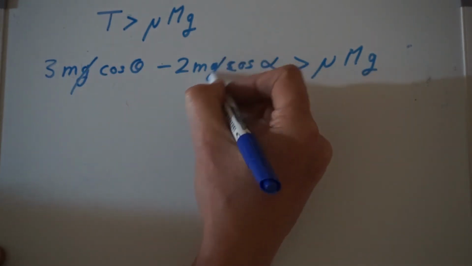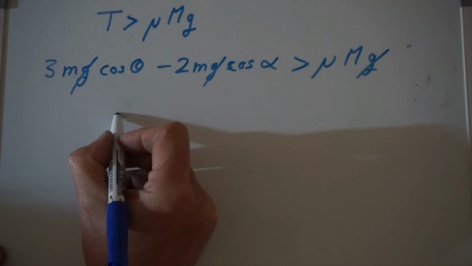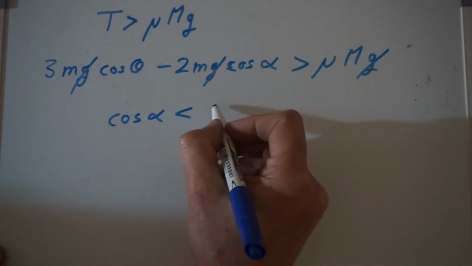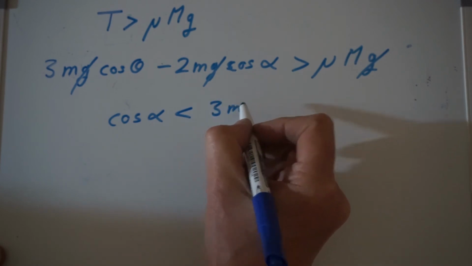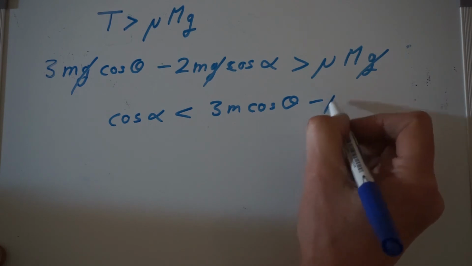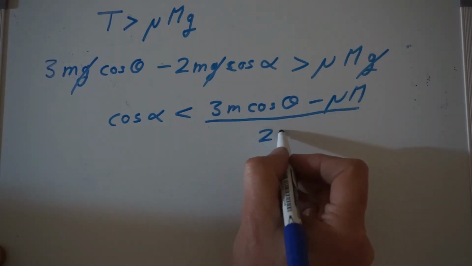We can cancel the g's, and I can rearrange that to show that cos alpha must be less than (3m cos theta minus mu M) all divided by 2m.